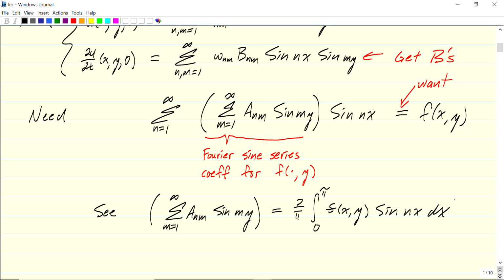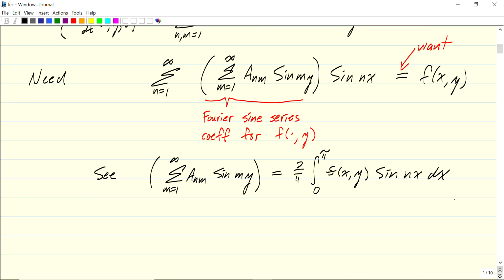Okay. And now if you stare at that for a second, you realize the thing on the left now is a Fourier sine series in y. And the function on the right is a function of y. So this thing right here is a function of y.